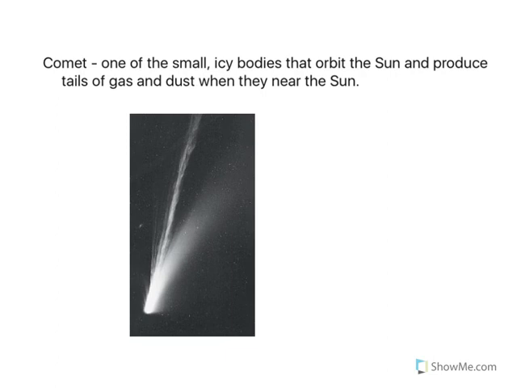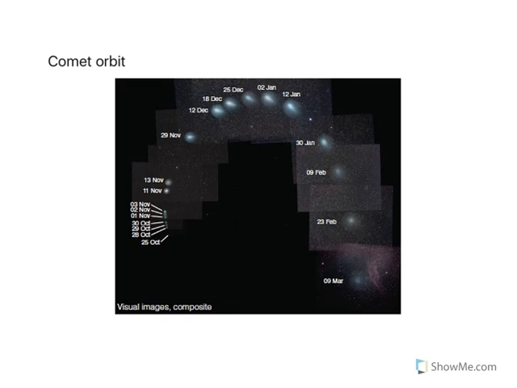So here's an image of a comet on its orbit around the sun. And you can see the two tails. This one is the gas tail, and this one is the dust tail. So you see the two tails that are formed when the comet orbits near the sun.